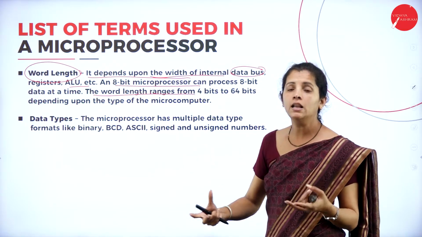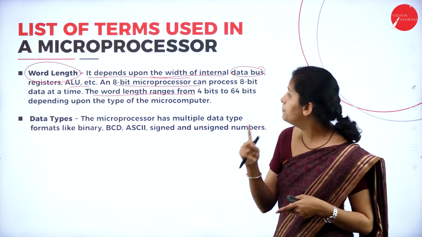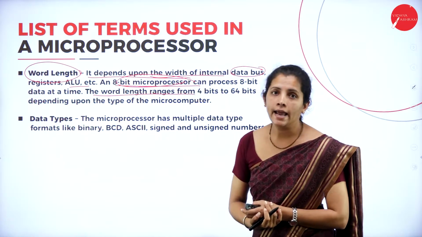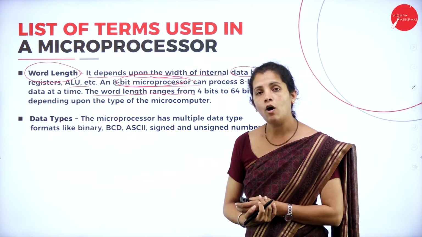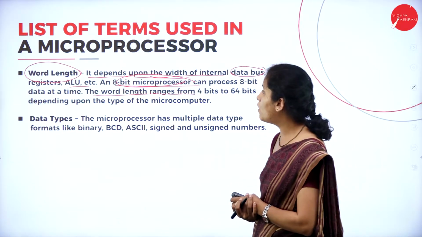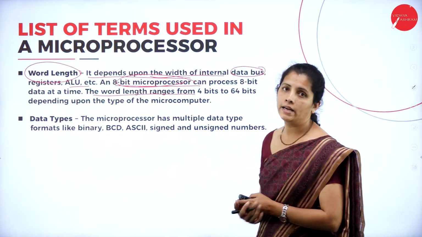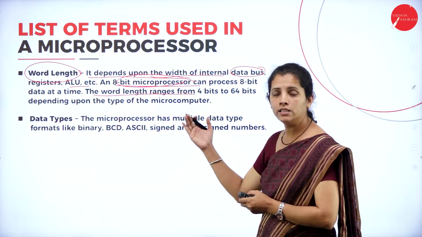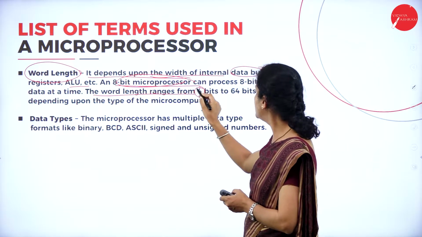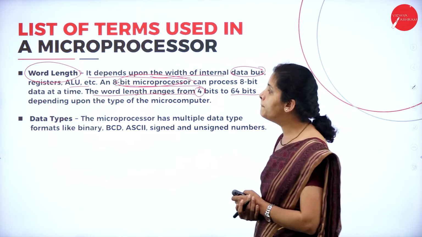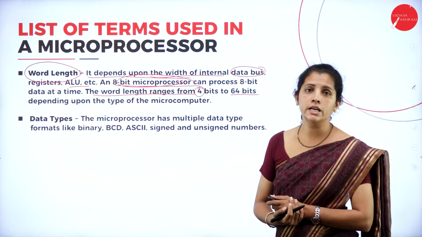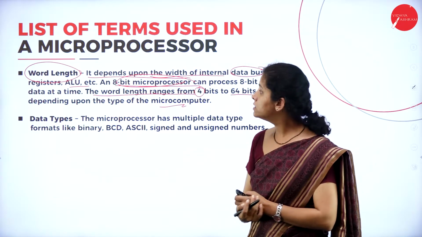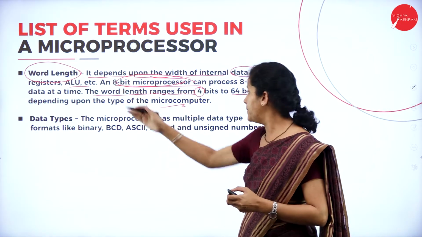For example, if I have an 8-bit microprocessor, then it can transfer or carry 8 bits of data at a time. The word length ranges from 4-bit to 64 bits depending on the type of microcomputer.